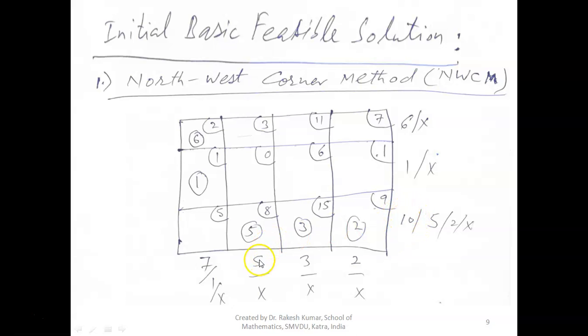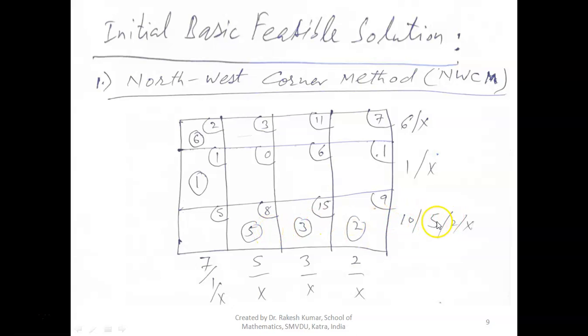So take the minimum of 5 and 10, that is 5, and 5 units are transported at the rate of 8 to demand center 2 from supply center 3, right? That is, 5 units were demanded, so all those 5 units are taken from here.